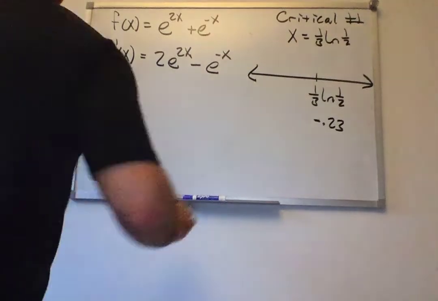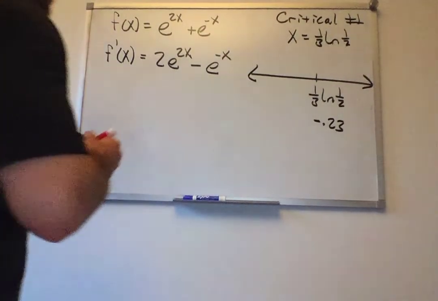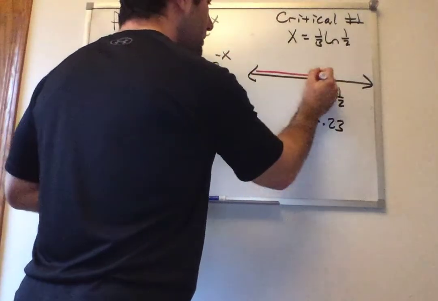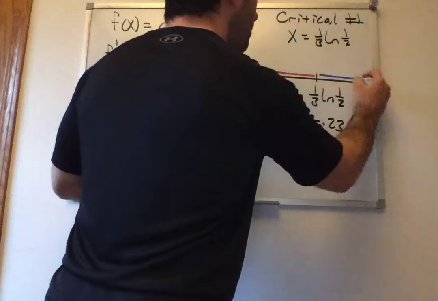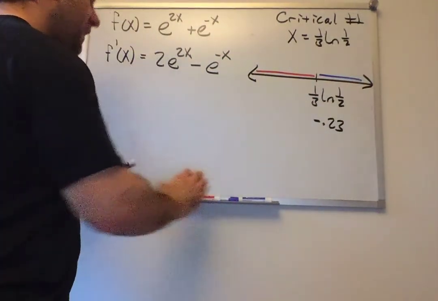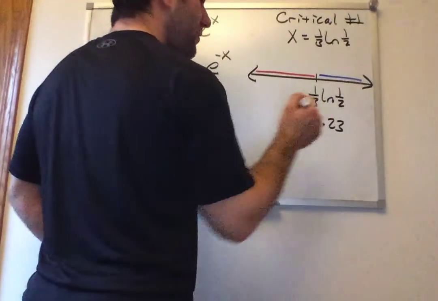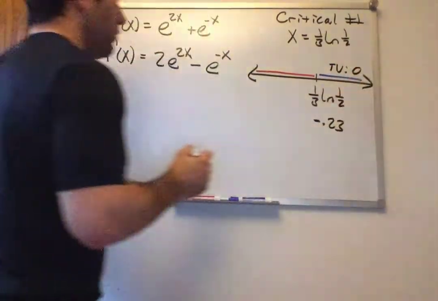Alright, so as you can see, this number line gets split up into two sections, the red section and the blue section. What's really nice is that for negative 0.23, I could pick a test value of 0.